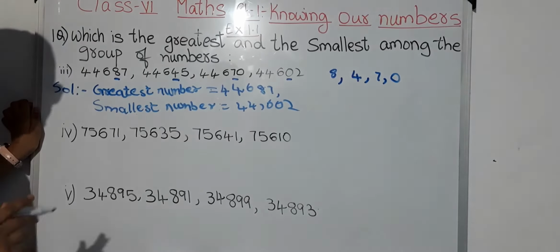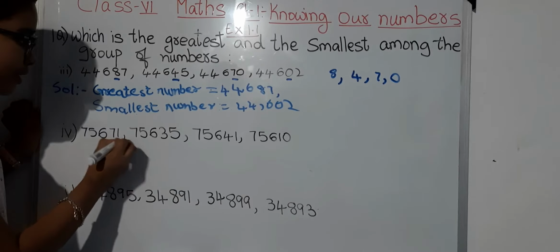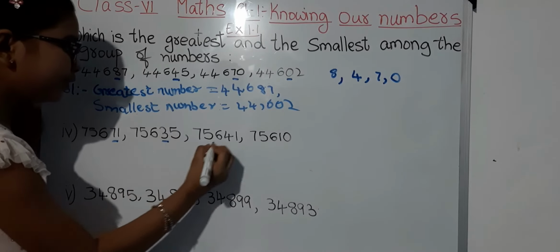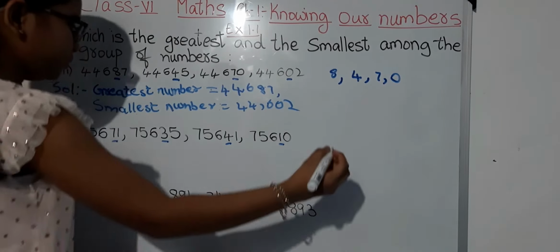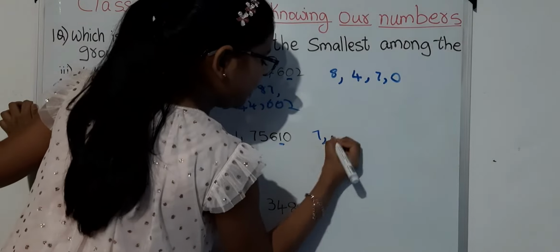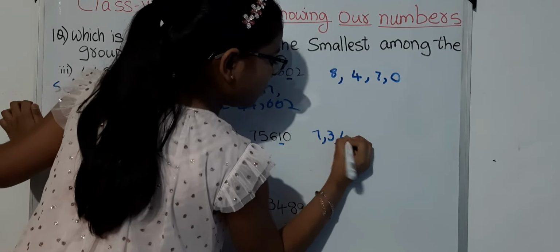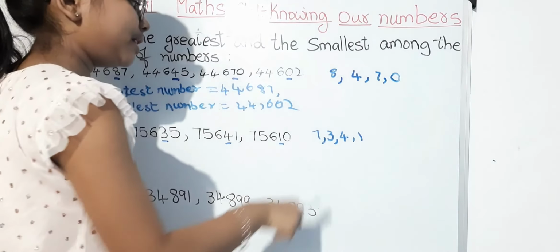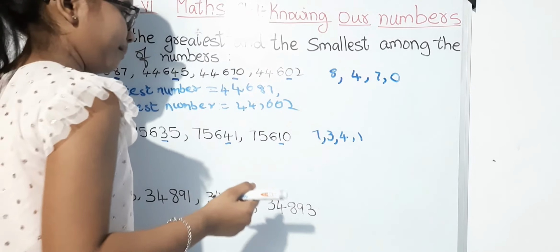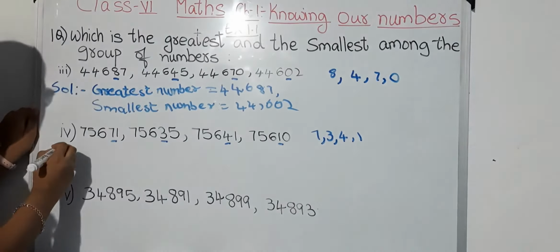So we have to compare the fourth digit, which is 7, 3, 4 and 1. In this, which is the greatest number? 7 is the greatest number.